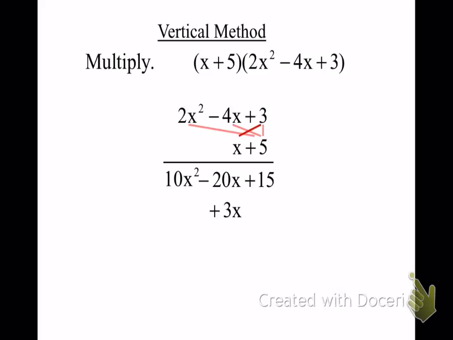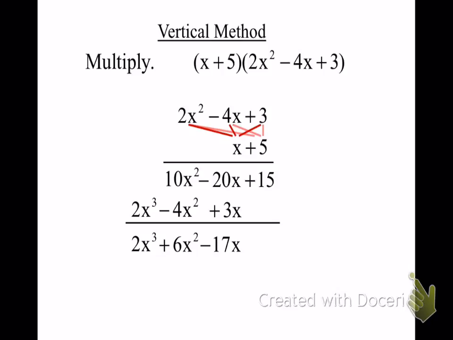So x times negative 4x makes negative 4x squared. X times 2x squared is 2x cubed. And now, because it's 2x cubed, it goes in its own pile. I add them up, and I get 2x cubed plus 6x squared minus 17x plus 15.